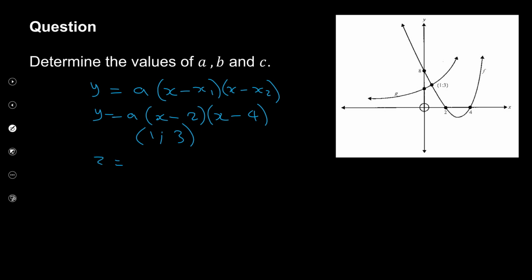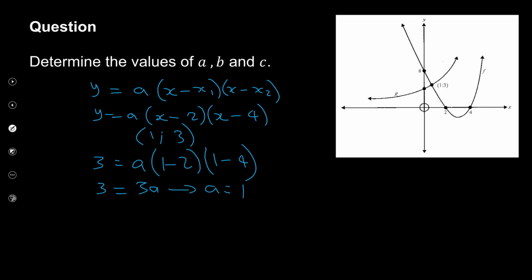So this will be 3 is equal to a into 1 minus 2 into 1 minus 4, right? And then 3 is equal to a times 1 minus 2 is minus 1, minus 3 is a positive 3. So this will be 3a, and therefore a is equal to 1.